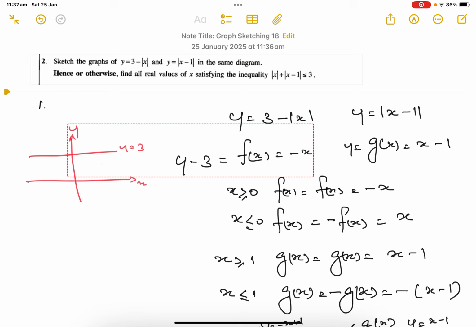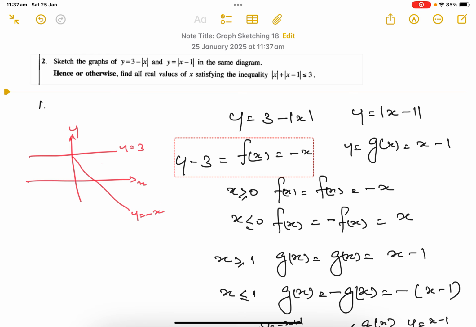So if you think about that, we know the standard graph, a straight line graph for minus x, which is this way. So this is y equal minus x.